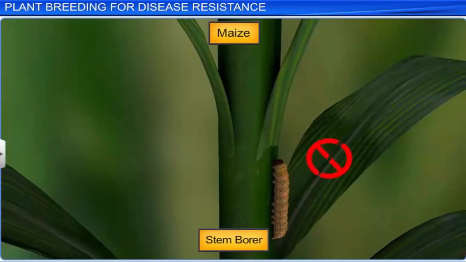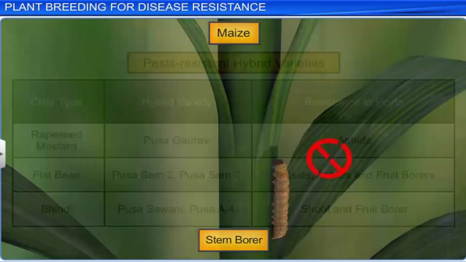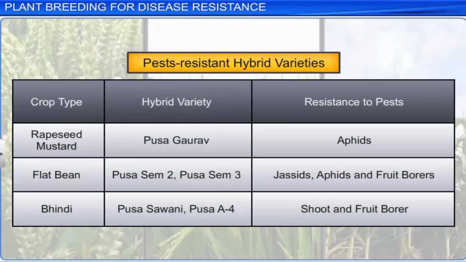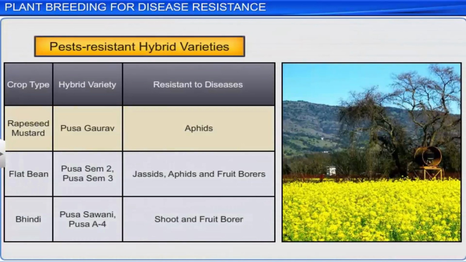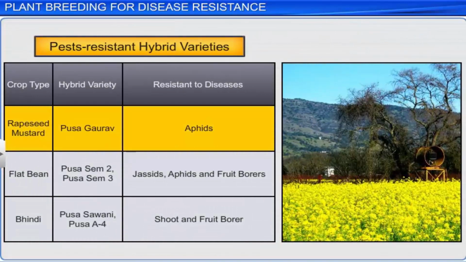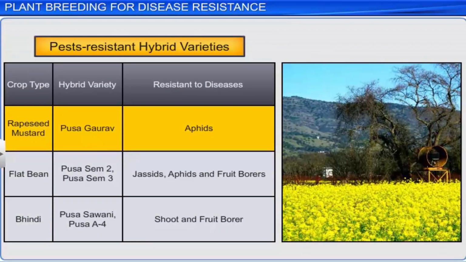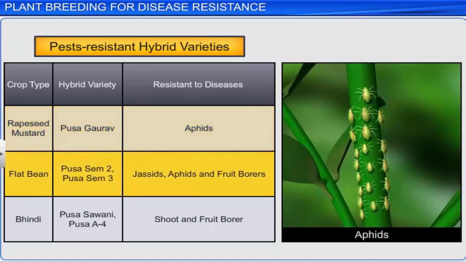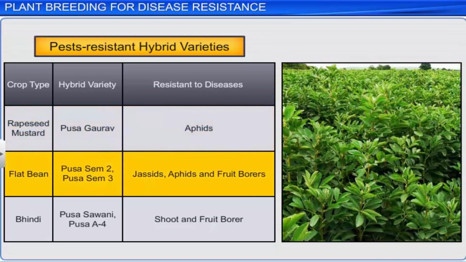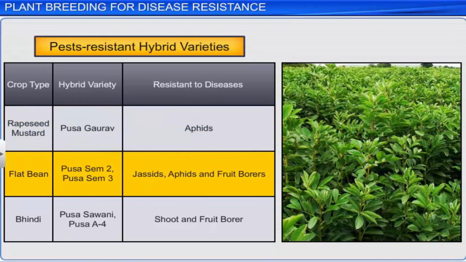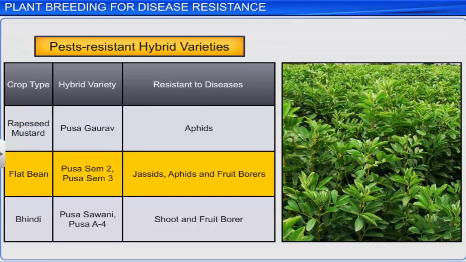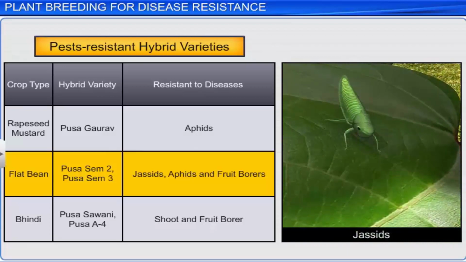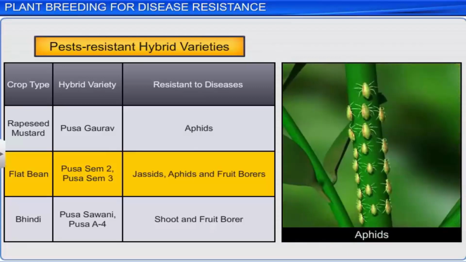There are quite a few insect-resistant hybrid varieties developed through plant breeding. Pusa Gaurav, a hybrid variety of rapeseed mustard, is resistant to aphids, while Pusa Sem 2 and Pusa Sem 3 are hybrid varieties of flat bean that are resistant to jassids, aphids, and fruit borers.